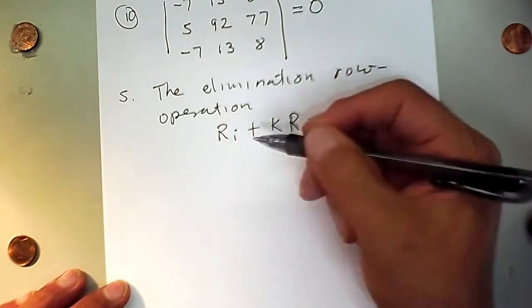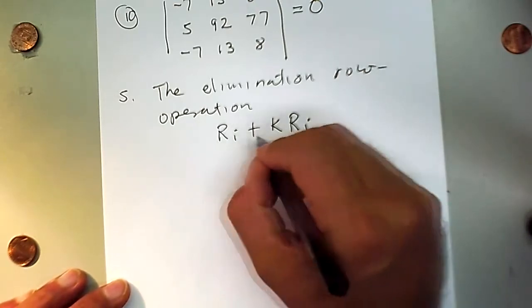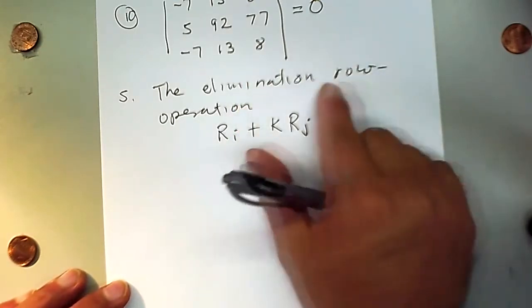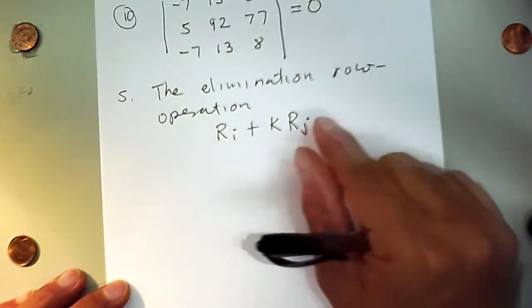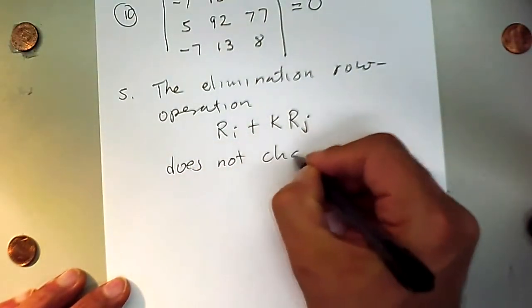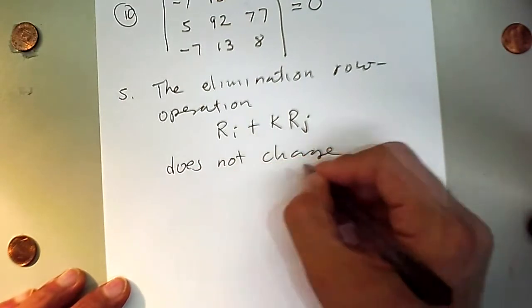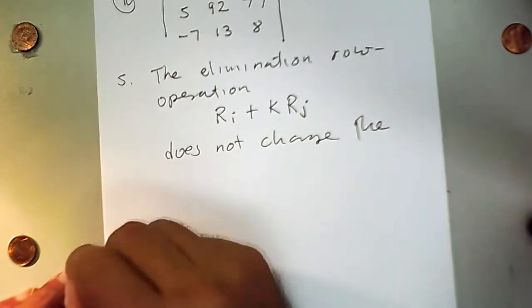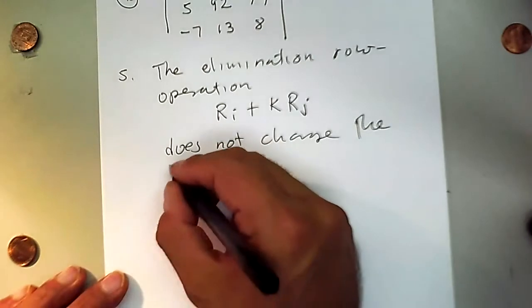Remember when we were eliminating? The elimination row operation does not change the determinant.